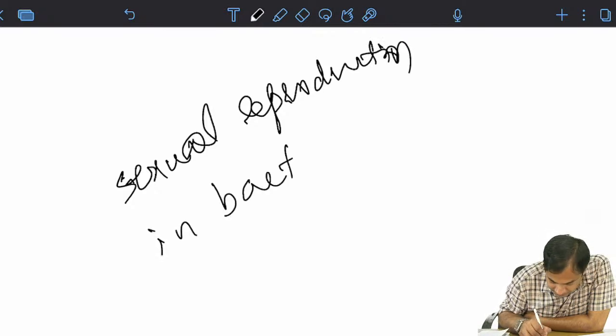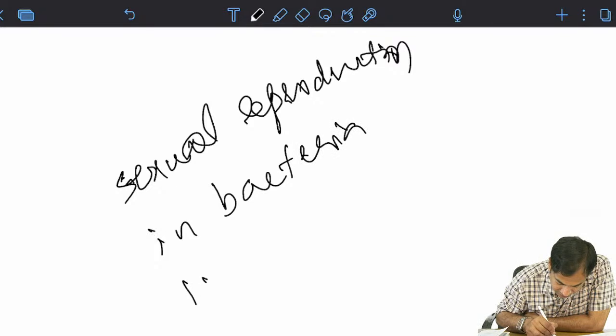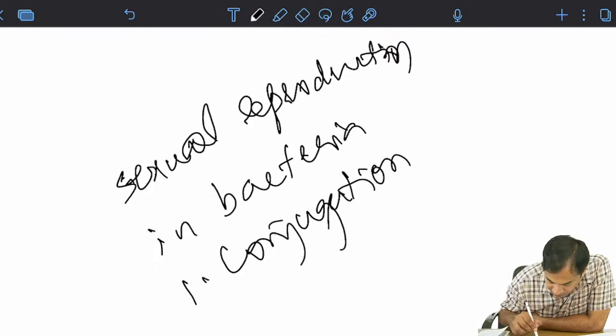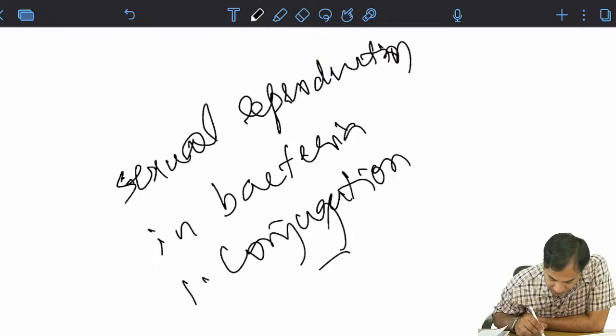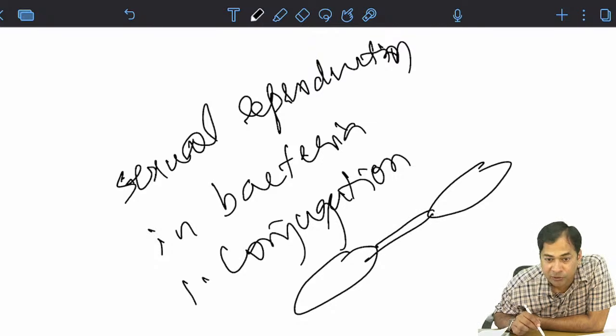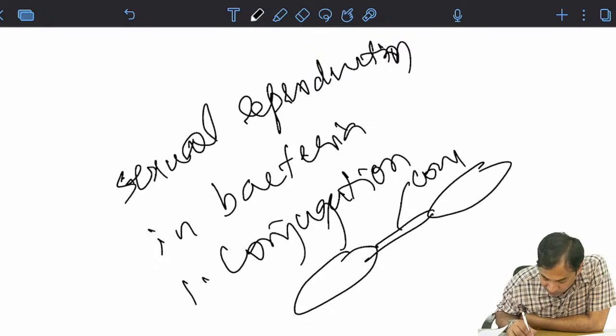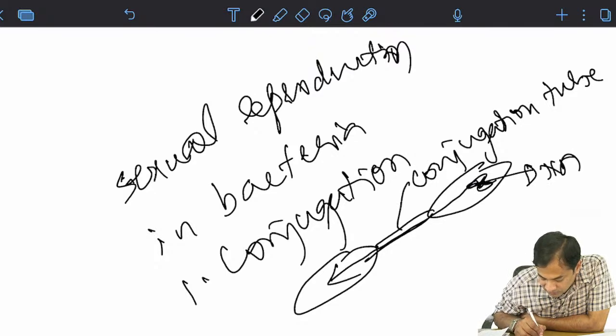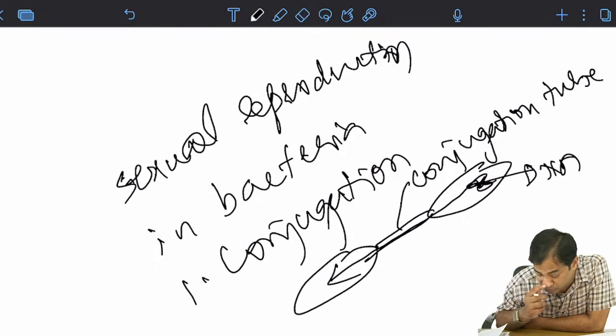First one is called conjugation. Conjugation means there are two bacteria here. One tube-like structure, called the conjugation tube, is produced between the two bacteria, so that DNA, the genetic material present in one bacterium, is transferred to the other bacterium through this tube. That is called conjugation.